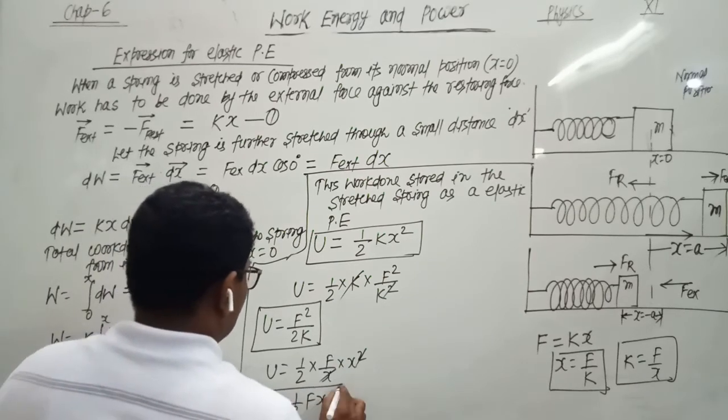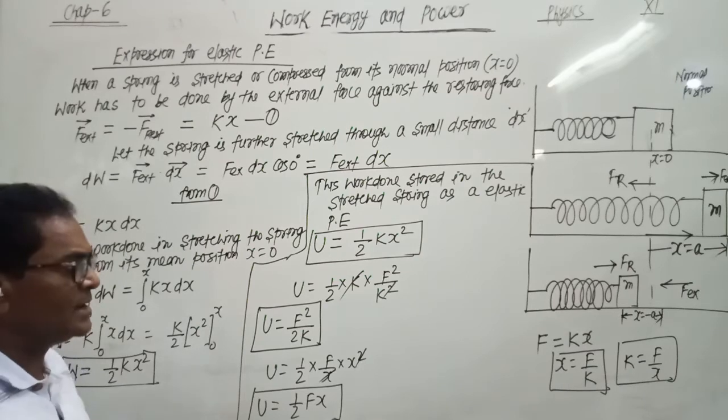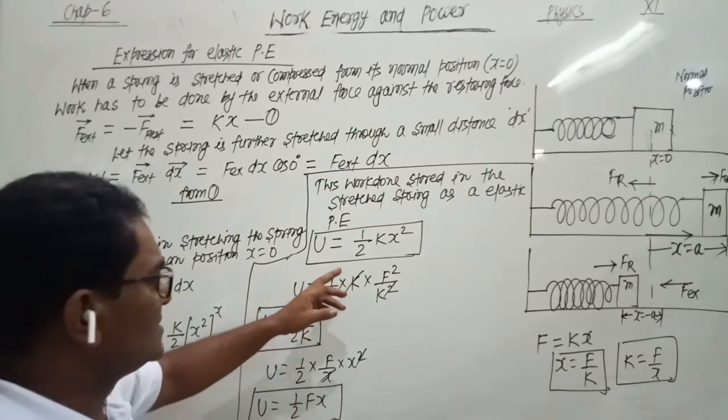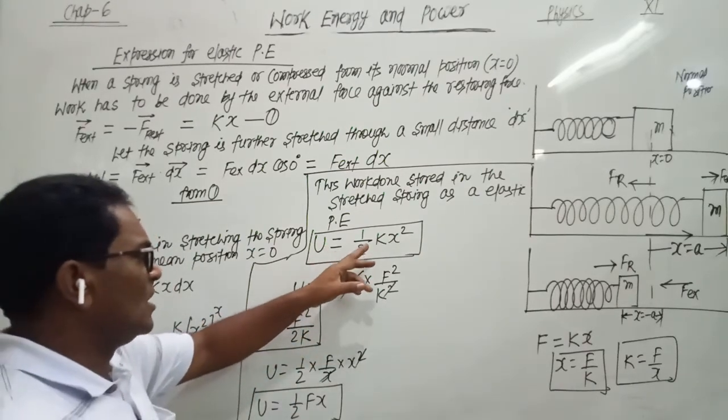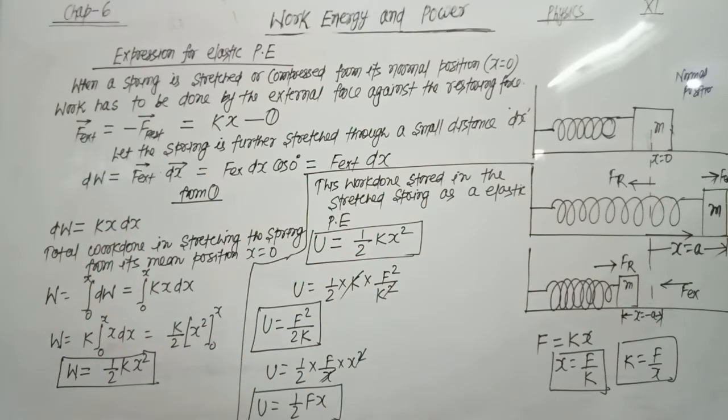So this is another expression for elastic potential energy. So elastic potential energy U equals 1 by 2 kx square, U equals F square upon 2k, and also U equals 1 by 2 Fx.